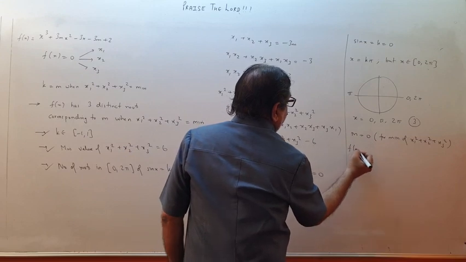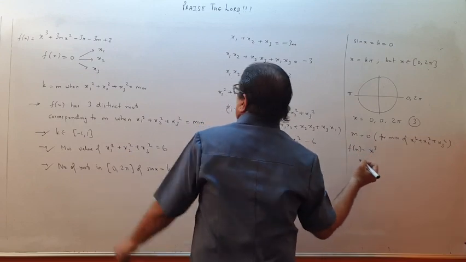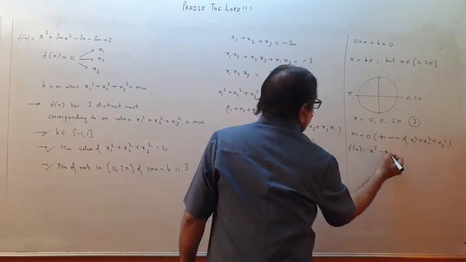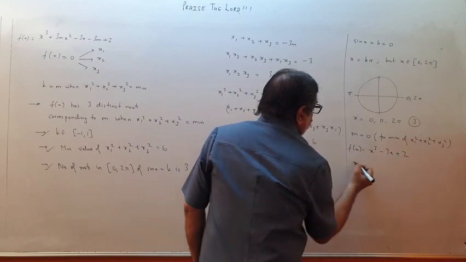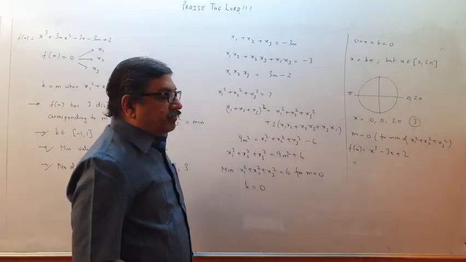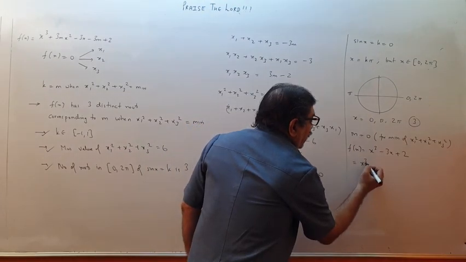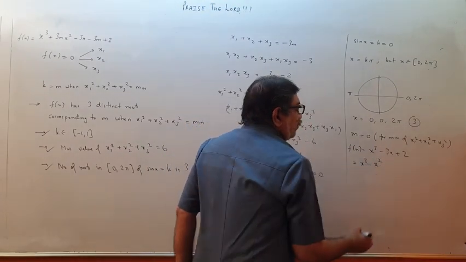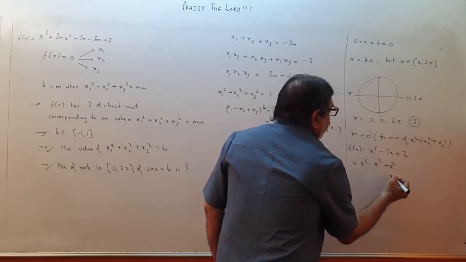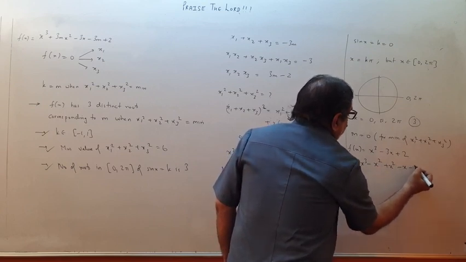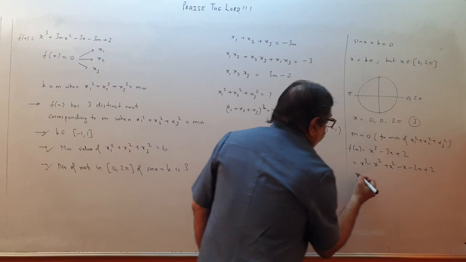I have got with me f(x) equal to x cube minus 3x plus 2. Let us factorize. Sum of coefficients is 0, so x minus 1 will be a factor. x cube minus x square plus x square minus x minus 2x plus 2.